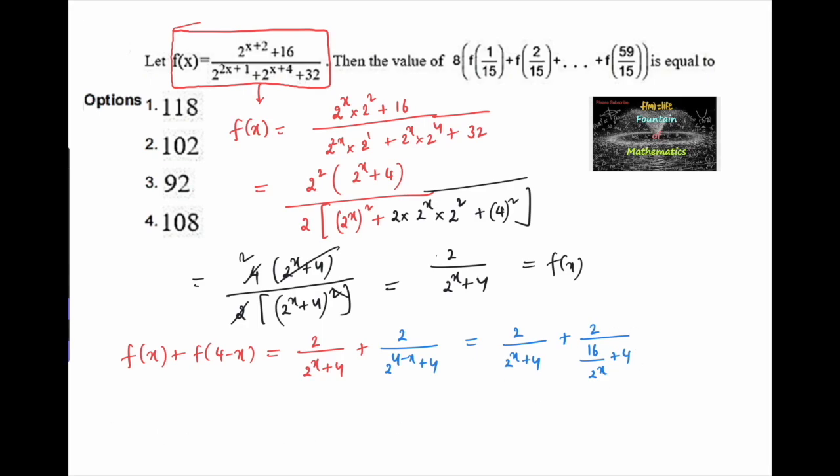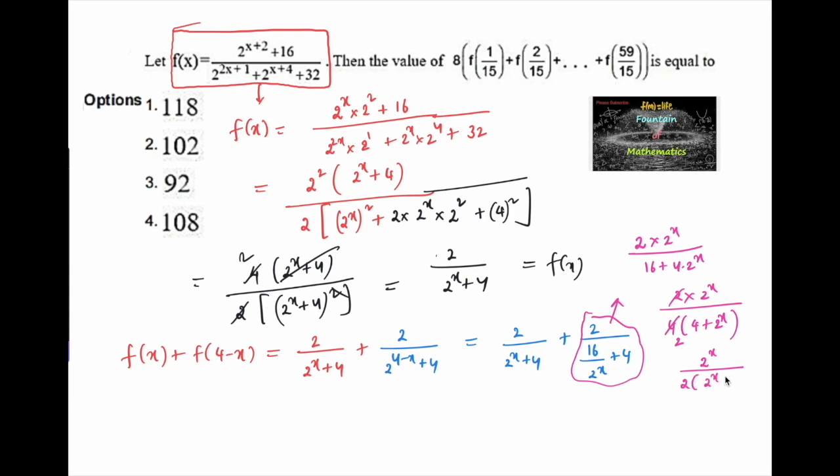And simplifying, let us simplify here. So 2 into 2 power x divided by 16 plus 4 times of 2 power x. So if 4 is taken common, 2 into 2 power x divided by 4 plus 2 power x. So that 2 power x divided by 2 times of 2 power x plus 4.